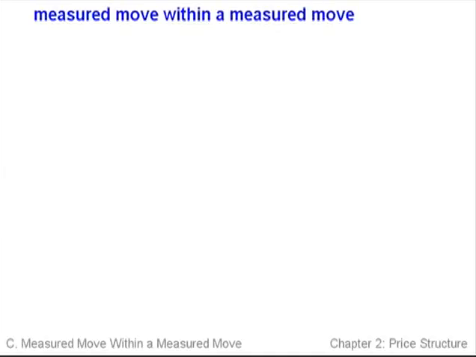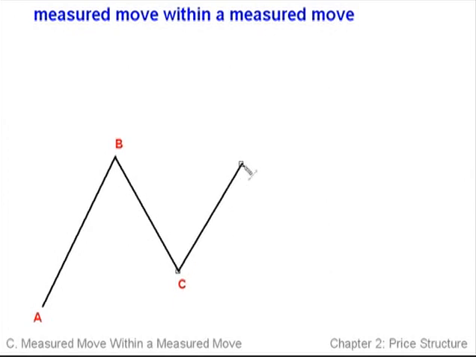There may also be a measured move within a measured move as the market unfolds. Let's take a look. Here is the making of a bullish measured move. Off of point C, price may not go straight up bar to bar to point D. What may happen instead is that the market forms another measured move.